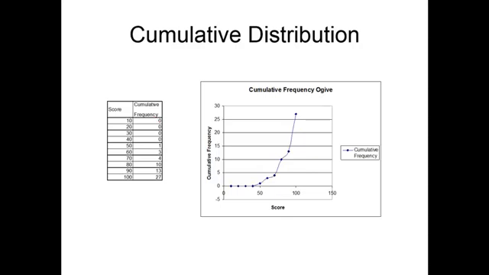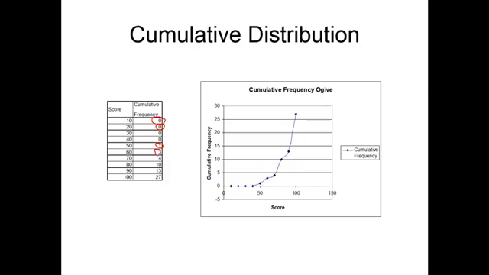And so the 0 here says, oh, thank goodness nobody made less than a 10. The 0 here says nobody made less than a 20. And so forth. We don't have anything happening here until, oh, well, one person made less than 50. That person made a 49, as you recall.